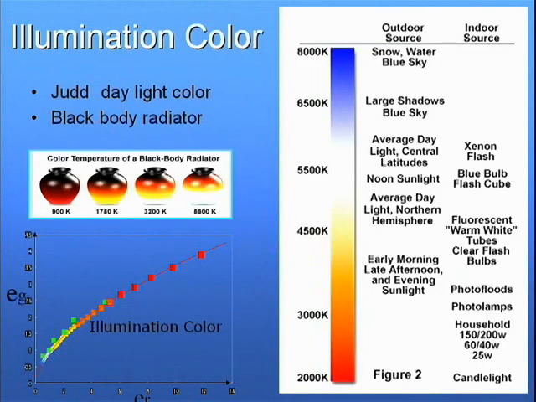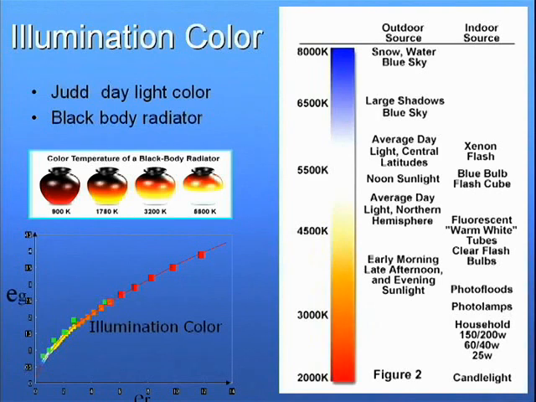What can we do? We assume illumination is a black body radiator. What is a black body radiator? Originally, when a black body is heated up, its color gradually changes, and that follows a particular locus called the Planck locus.